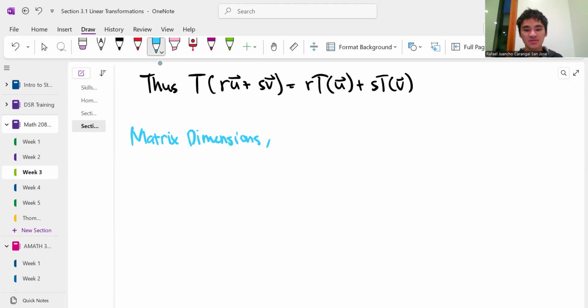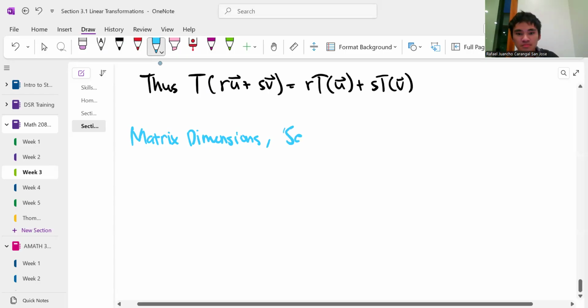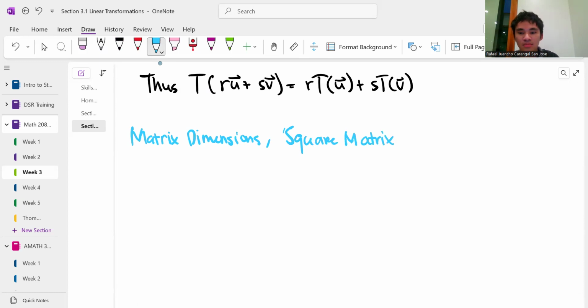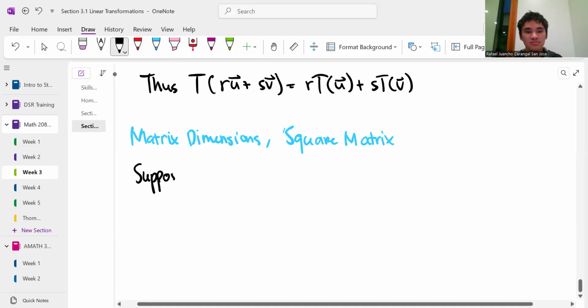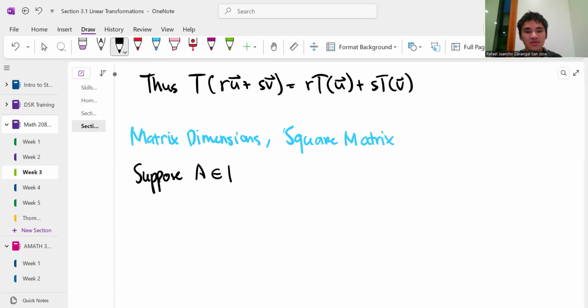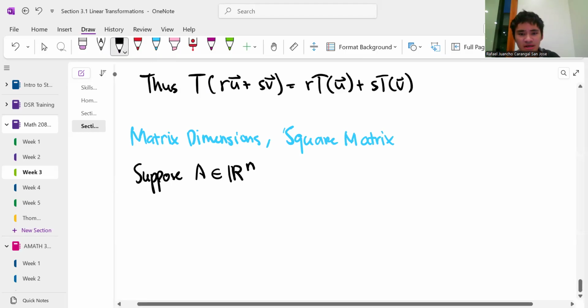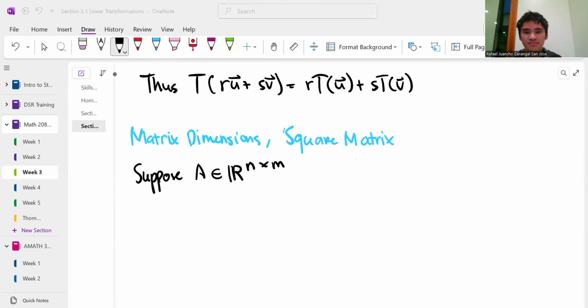Okay, let's plot some buzzwords here. Specifically, matrix dimensions and this idea of a square matrix. So what in the world are those two things, right? So suppose A is a matrix of n rows and m columns.